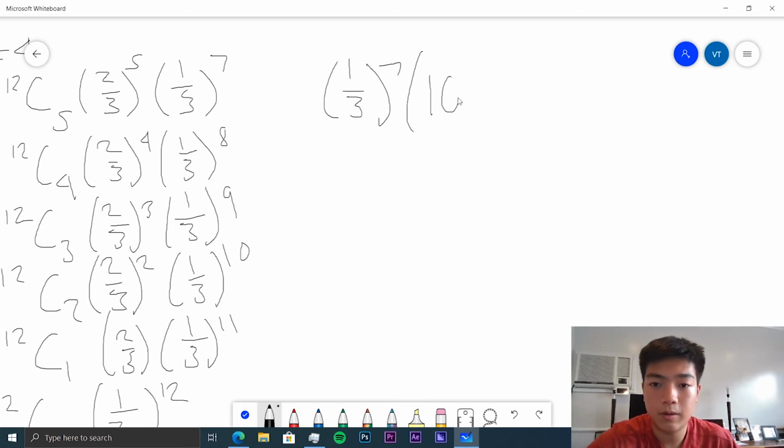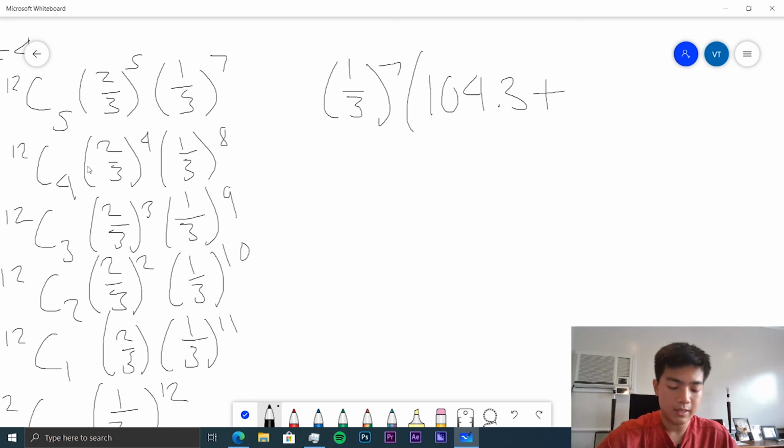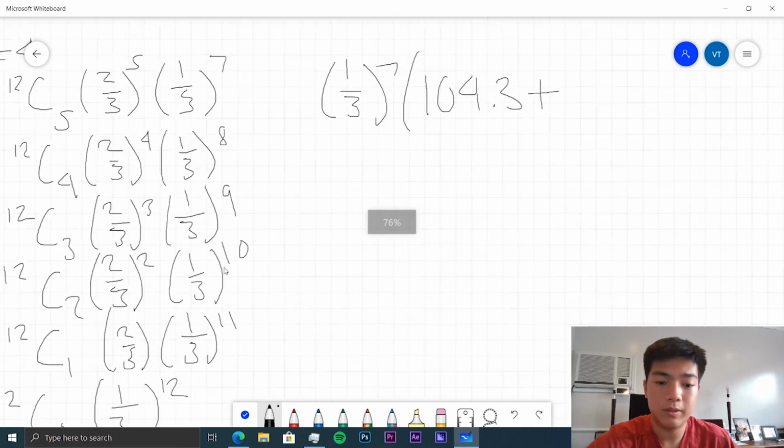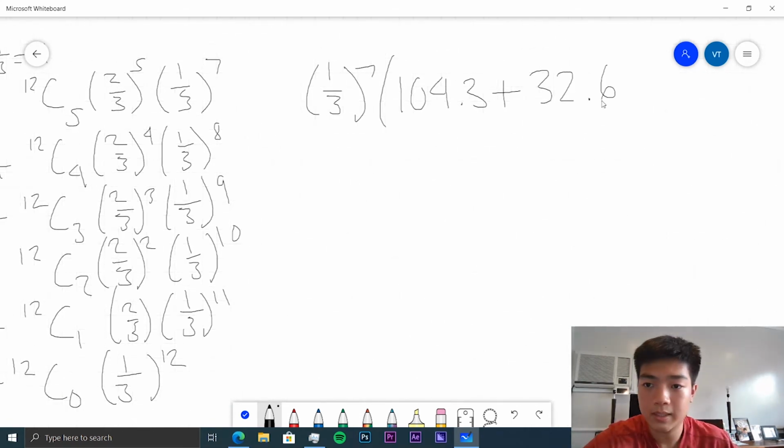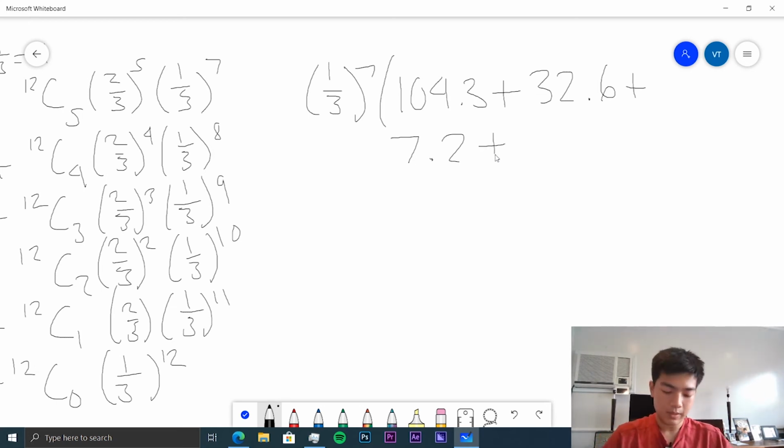So this is around 104.3 plus 12 choose 4 times 2/3 to the 4 times 1/3, which is equal to 32.6 plus 12 choose 3 times 2/3 cubed times 1/3 squared, which is equal to 7.2 plus 12 choose 2 times 2/3 squared times 1/3 to the 3.